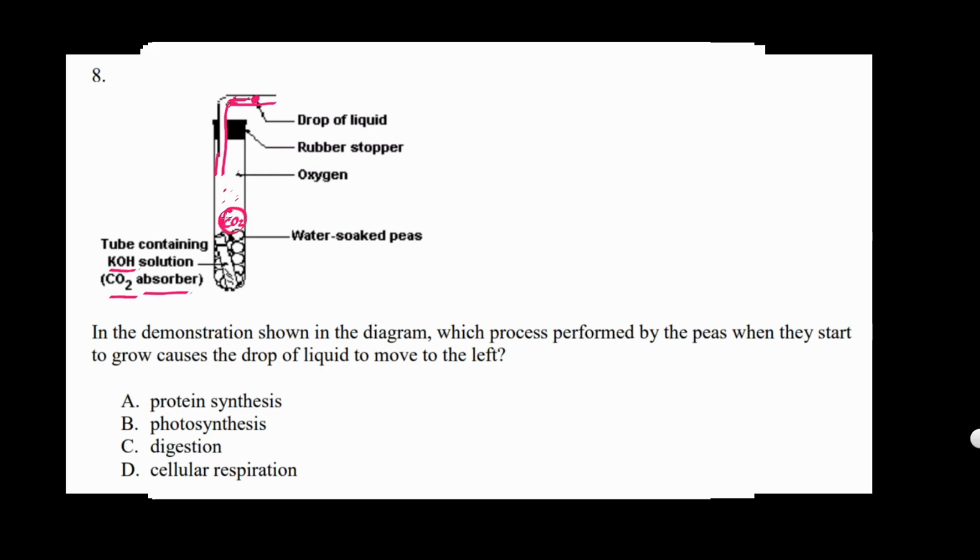Not a lot of it, but as soon as carbon dioxide is produced, that KOH is going to absorb it. So it will cause the pressure to go down, which brings that drop of liquid, or whatever that is, to move to the left. Okay. So what produces carbon dioxide? Well, let me see. Cellular respiration. That's what we're studying right now. So the answer is D.